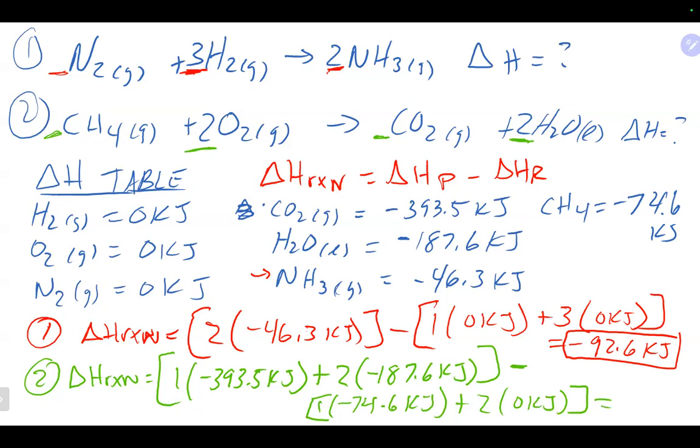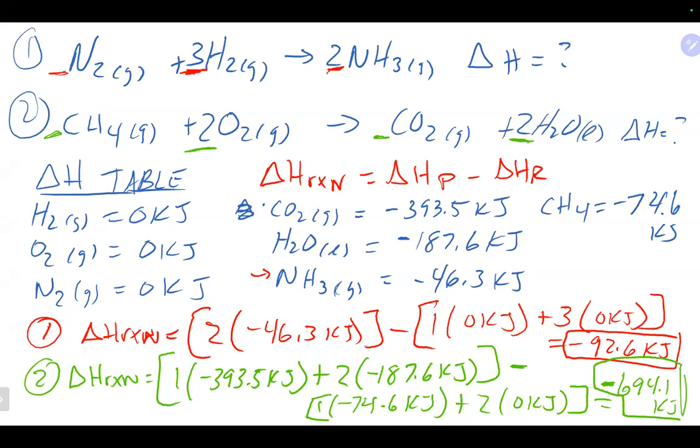So if we do that, that's basically minus 393.5 plus 2 times minus 187.6, minus negative 74.6, which basically gets us something like minus 694.1 kilojoules in this case.